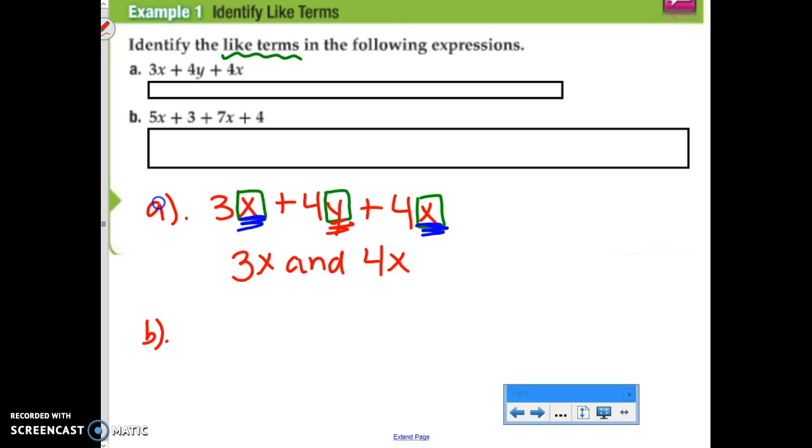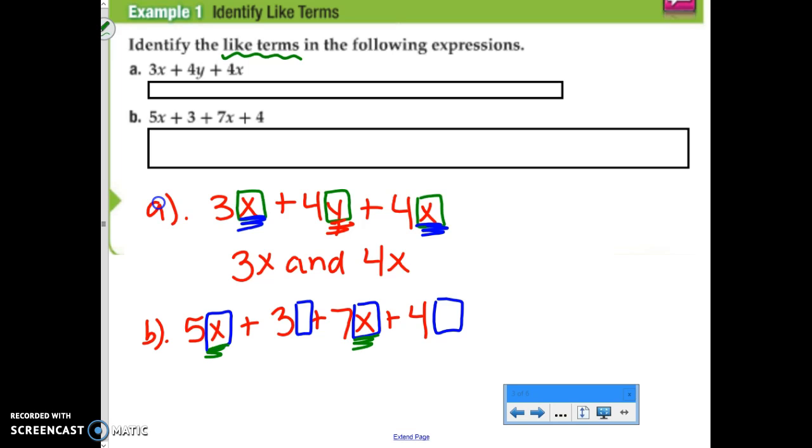Coming down here to b, b is 5x plus 3 plus 7x plus 4. Once again, highlight, circle, underline everything directly after that coefficient. Here you can see that our x's, this one and this one, match identically.